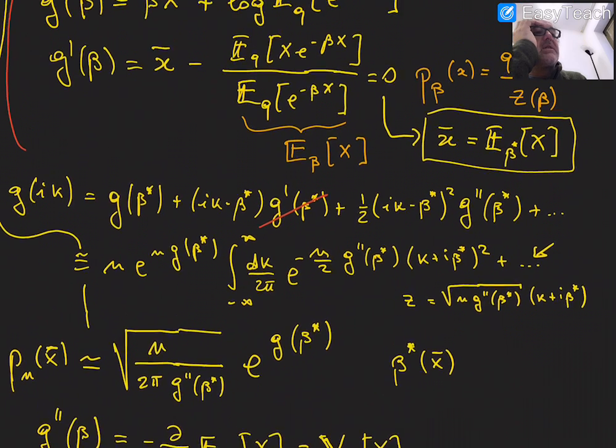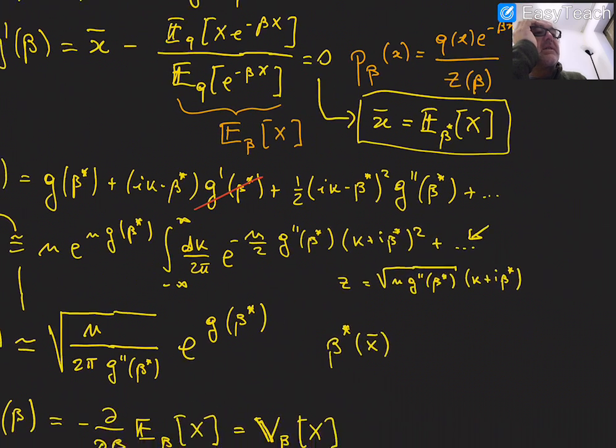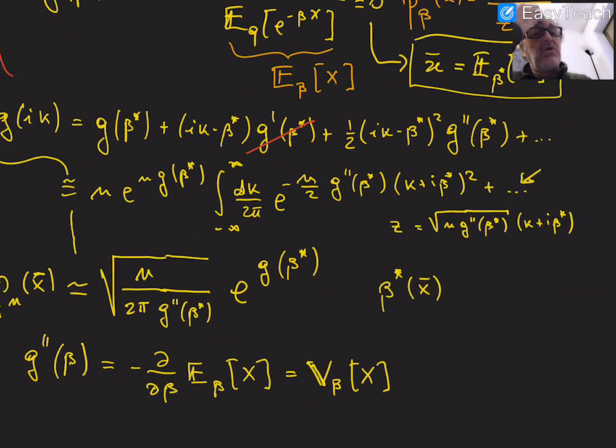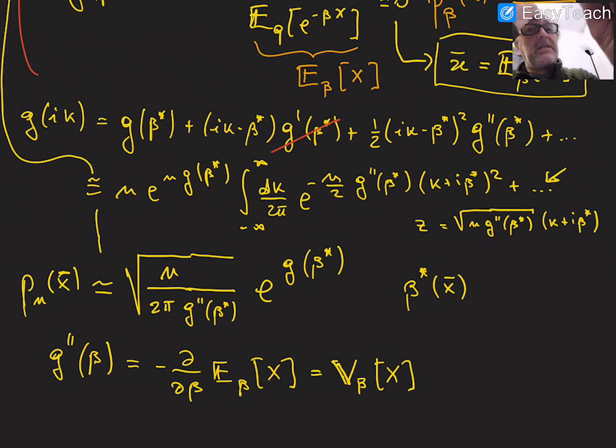So this is the variance under this distribution p beta of x.